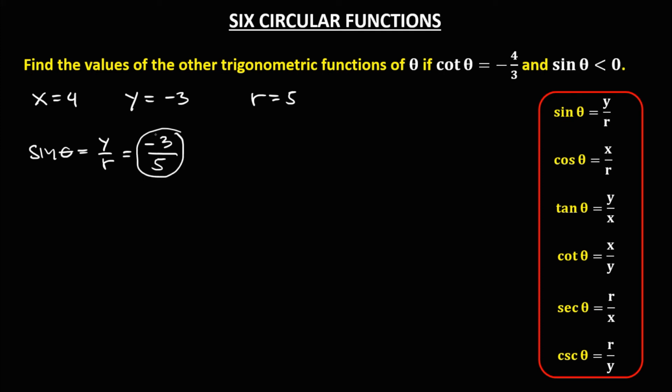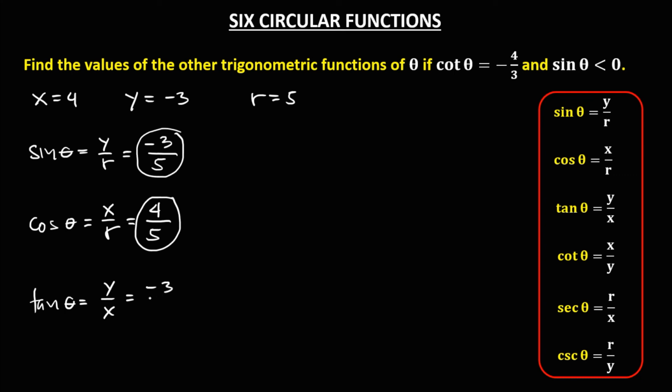So sine theta is -3 over 5. Then for cosine theta, that's x over r. So x is 4 over r is 5. So cosine theta is 4 over 5. Then for tangent theta, that's y over x. So y is -3 and x is +4. So tangent theta is -3 over 4.